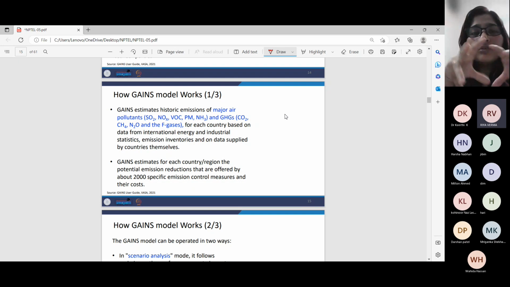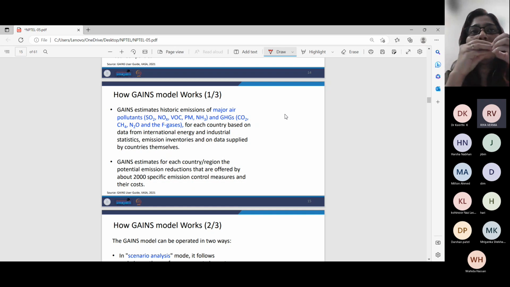So basically, why do we use this model? What does it do? We use this model to estimate the overall emissions. First of all, we know the emissions that have occurred in the past. So we give those inputs to this model, and it has approximately 2000 emission control measures.